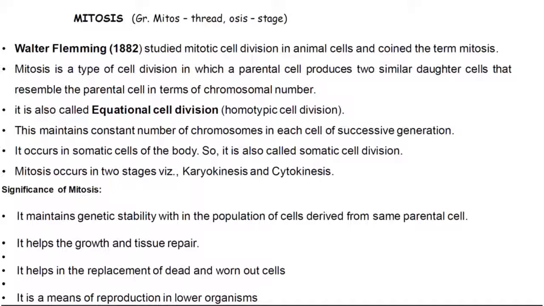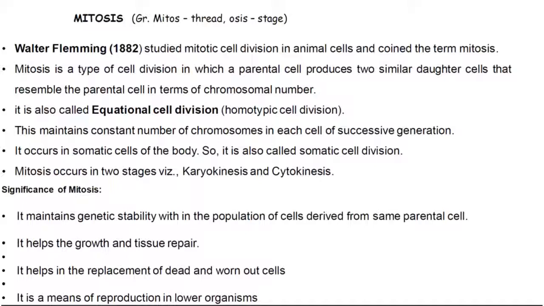Mitosis or the M phase is further divided into mitosis and meiosis. Mitos means thread and osis means stage. Walther Flemming in 1882 studied mitotic cell division in animal cells and coined the term mitosis.